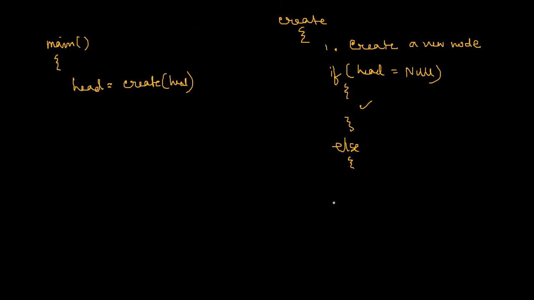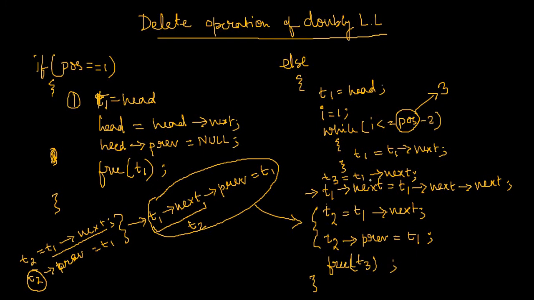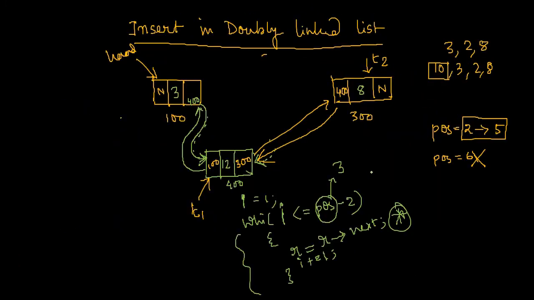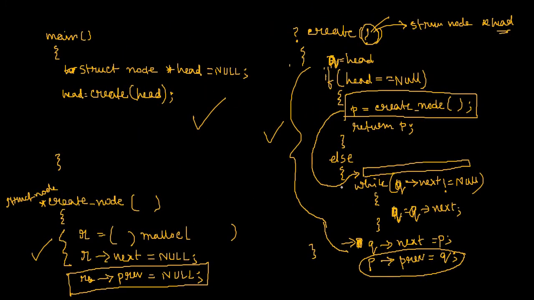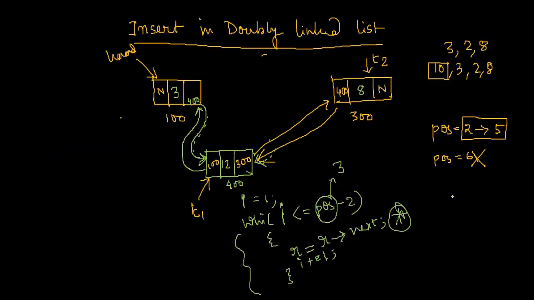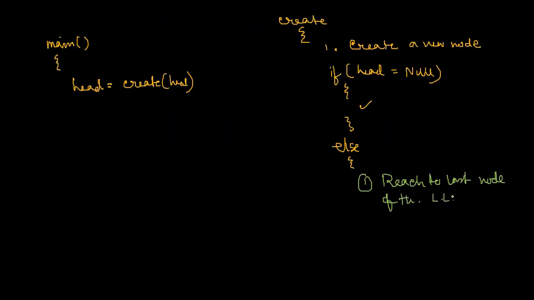As we have seen, the first step is to reach the last node of the linked list. It's a very first step that we have already discussed many times. We have seen it over here also. So this is there. And then what to do?